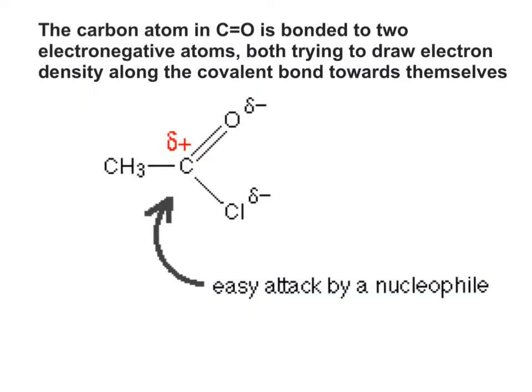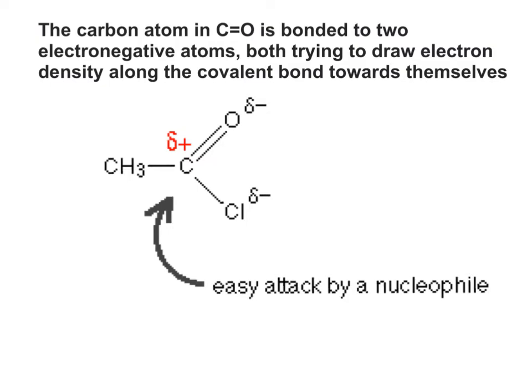So the reason that acyl chlorides and acid anhydrides and such like are so susceptible to nucleophilic attack is because they actually have two different electronegative atoms bonded to the carbon. You can see that the delta positive carbon is having electron density drawn away from it in two different directions, by oxygen on the one hand and by chlorine on the other.